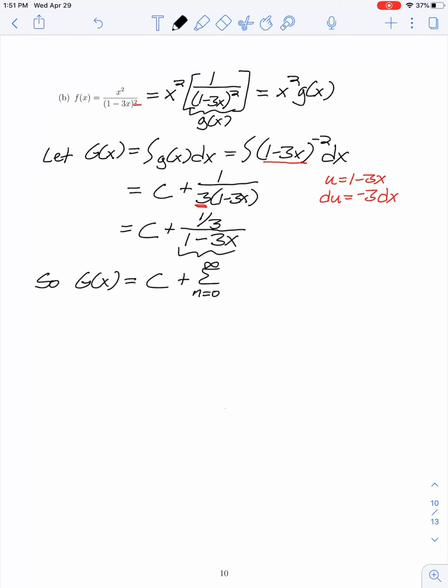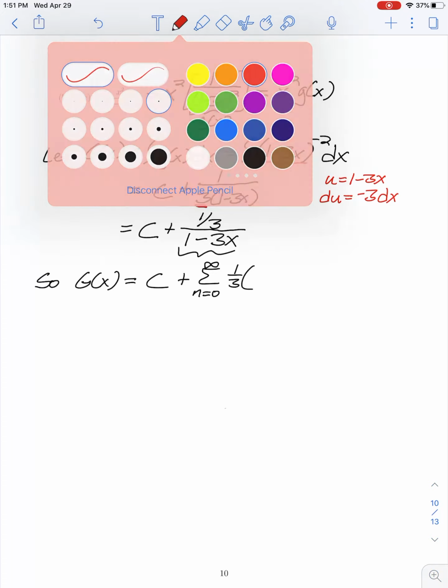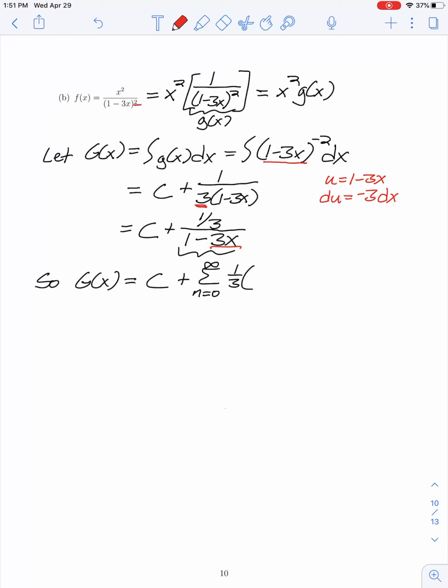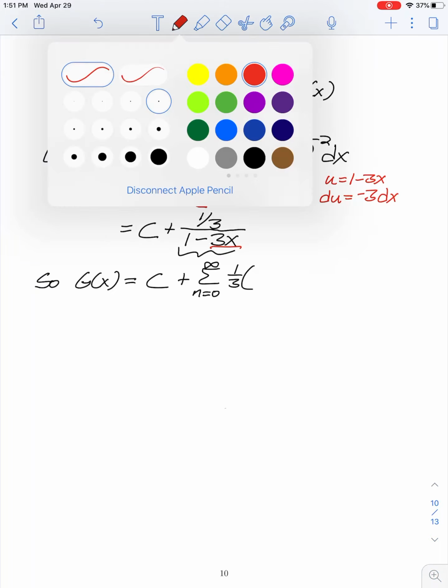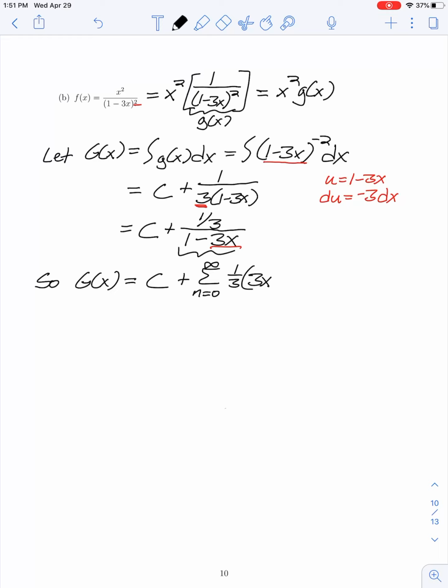Our series would be of the form from 0 to infinity, a, which was 1/3, times r, where we had 1 minus 3x. So 3x is our value for r. We're raising that to the nth power. And we can do that if the absolute value of this ratio, 3x, is less than 1, or equivalently, if the absolute value of x is less than 1/3.